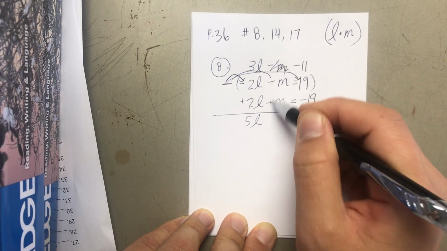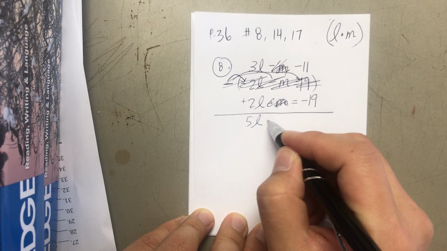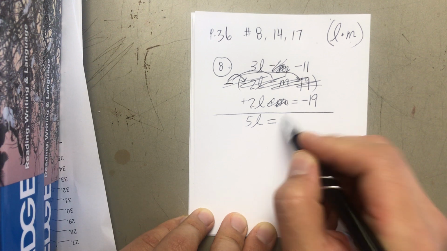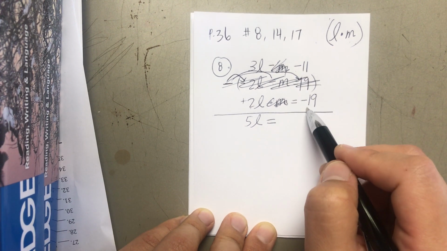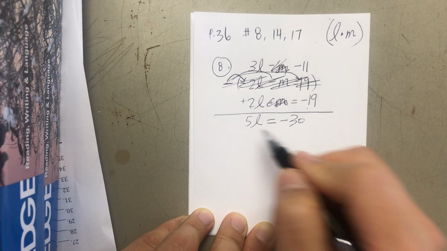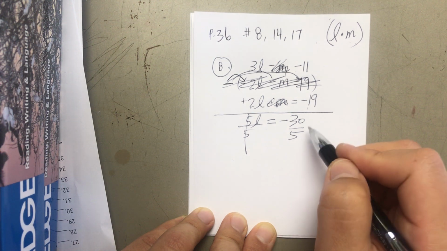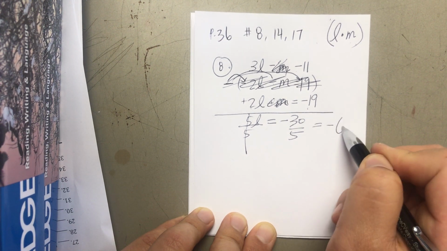The M and the M are going to cross out. And this is going to equal negative 11 minus 19, which is negative 30. Divide by 5, divide by 5. L is going to equal negative 6.